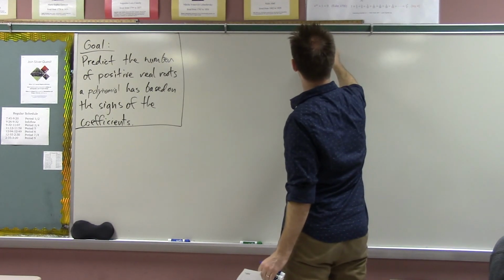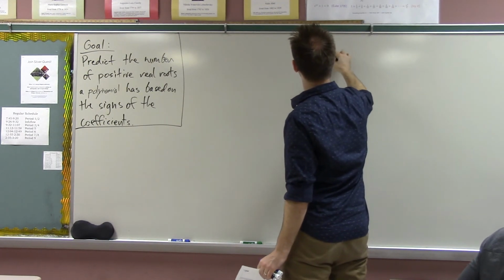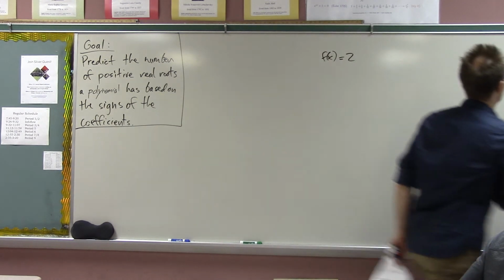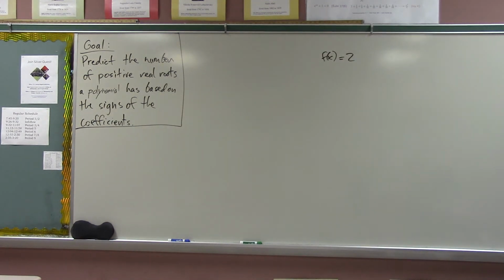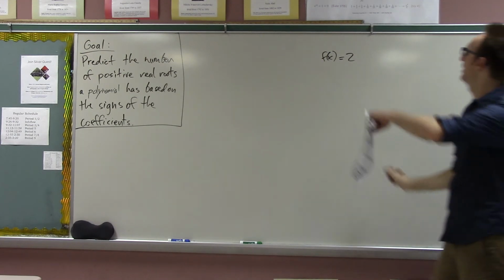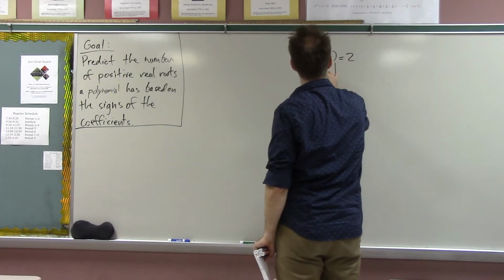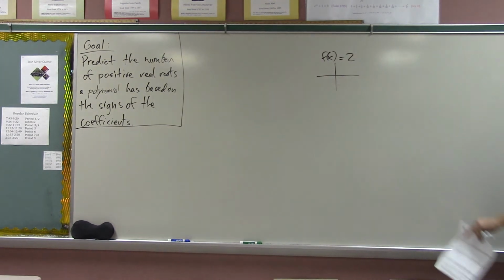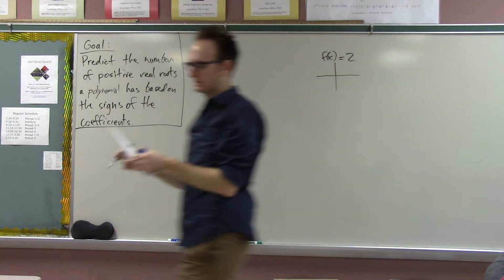So up here we'll have f of x equals 2, and way over here, I told you guys to go landscape, right? f of x equals negative 2. Now we're going to make little graphs of f of x equals 2 and f of x equals negative 2.